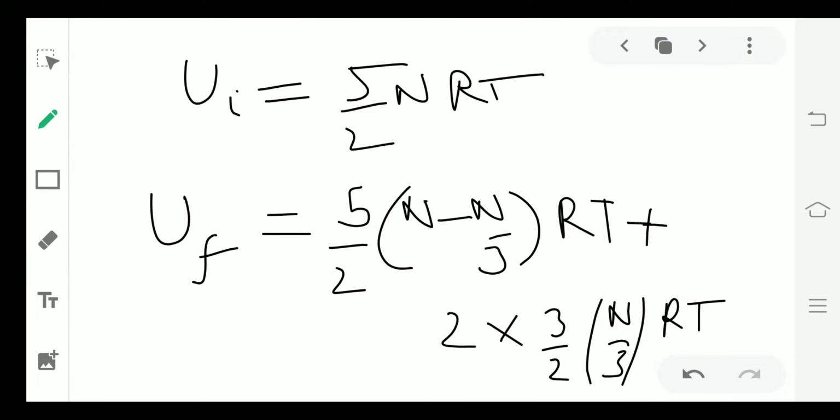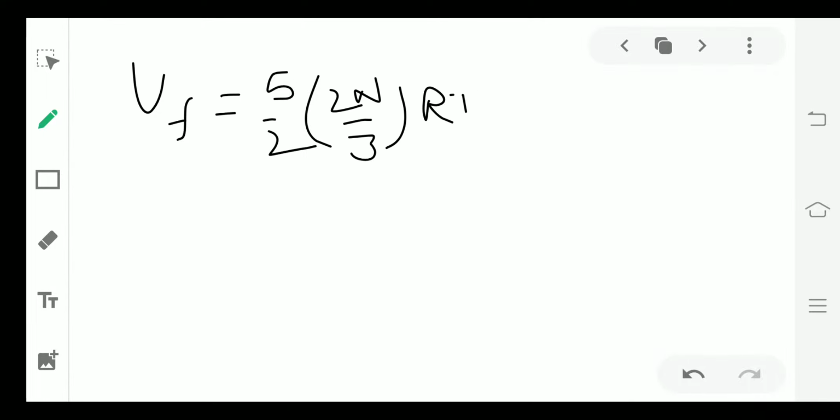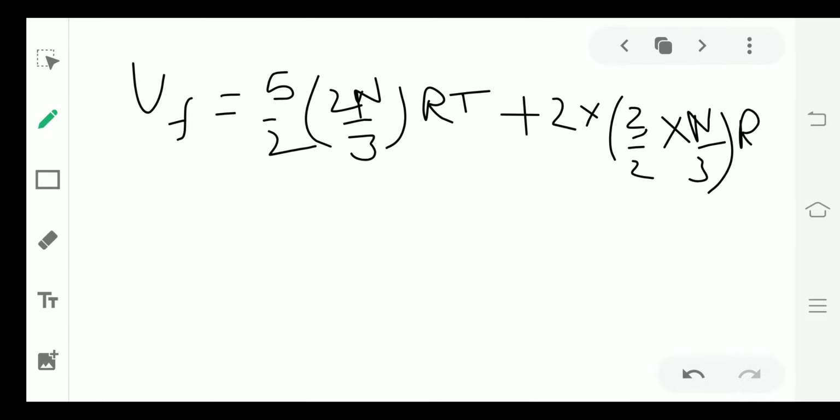So this is the final energy. On calculating this, we'll get U final is equal to (5/2 n minus n/3, that is 2n/3) RT plus 2 into 3/2 into n/3 RT.